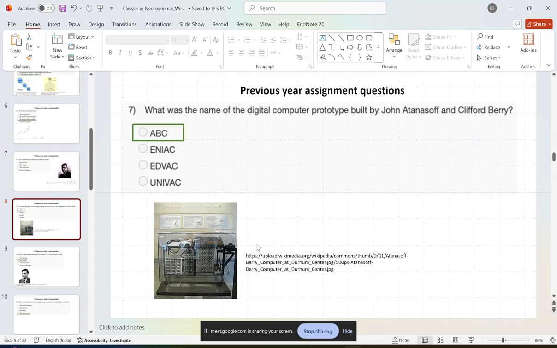Next question. What was the name of the digital computer prototype built by John Atanasoff and Clifford Berry? This we just discussed. It was the ABC, or the Atanasoff Berry computer. And this is a replica.